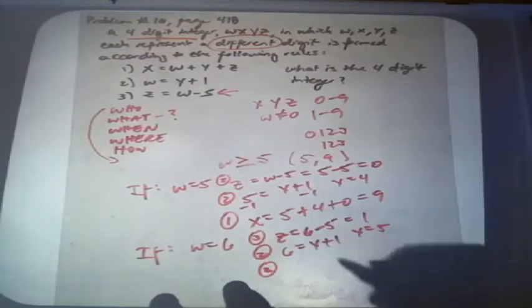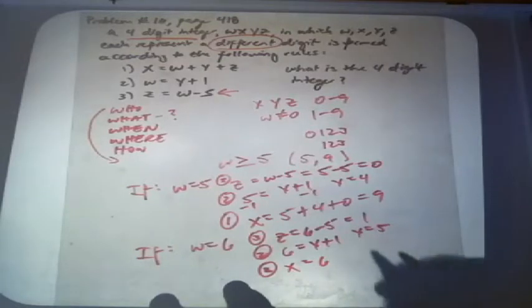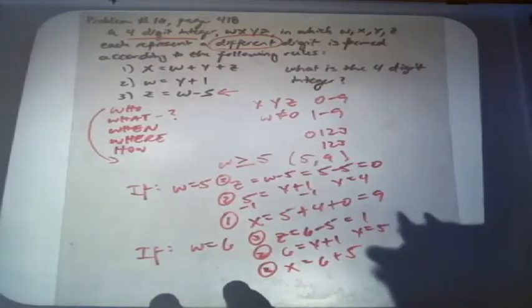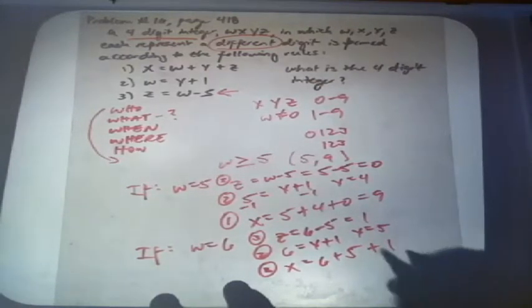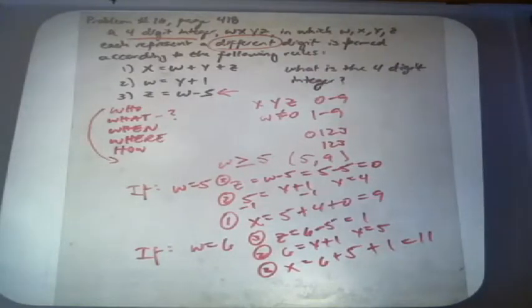And then we're going to solve for X by plugging in 6 for W, 5 for Y, and 1 for Z. And we see that that yields 11, which isn't possible. We need a digit for X, and 11 is a 2-digit number. We need a 1-digit number for X. Therefore, when W is 6, this doesn't work.